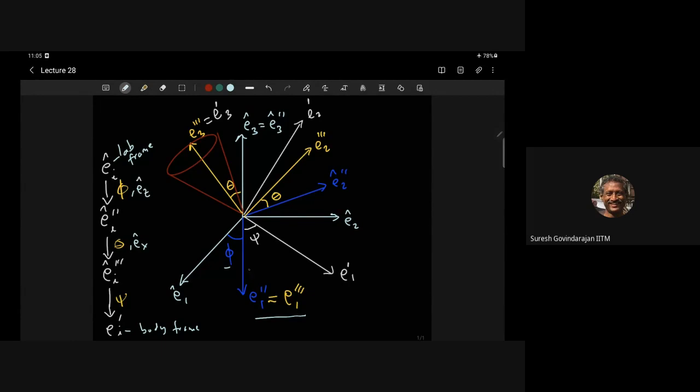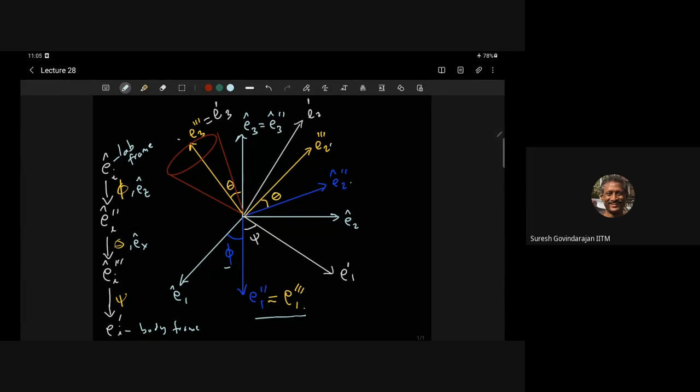What it will do is rotate E2 double prime to E2 triple prime by this theta, and E3, which is equal to E3 double prime, will go now to E3 triple prime. That's the yellow axis that I'm showing. So you have E1 triple prime, E2 triple prime, and E3 triple prime. That takes you to this.